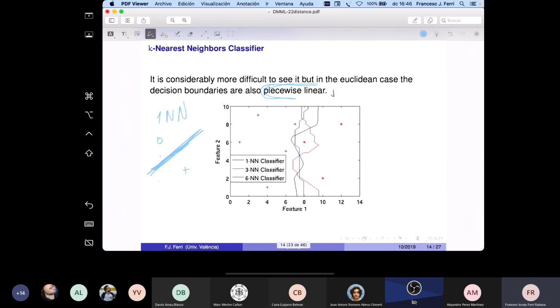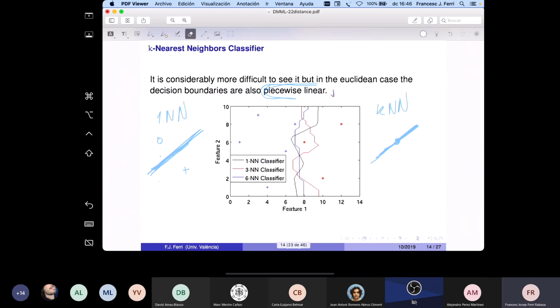This is in one nearest neighbor. In k nearest neighbor, the boundary corresponds to a region in which, if you go through this, the voting favors one class, and to the other side, the voting favors the other class, which means the following.